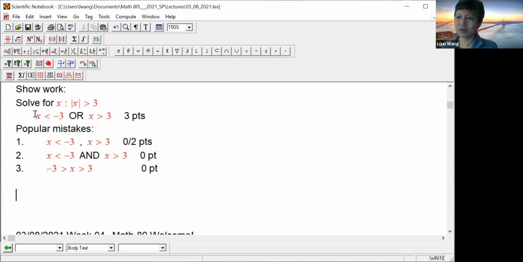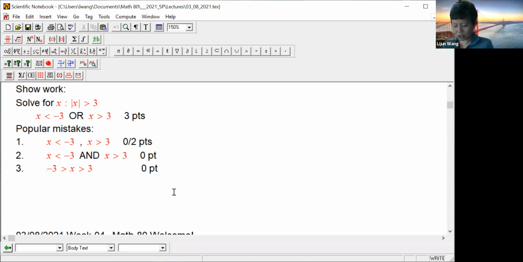It seems that the student combines these two. No, you cannot combine these two because it's or. When you combine these two like this, you have to understand how it's being interpreted.